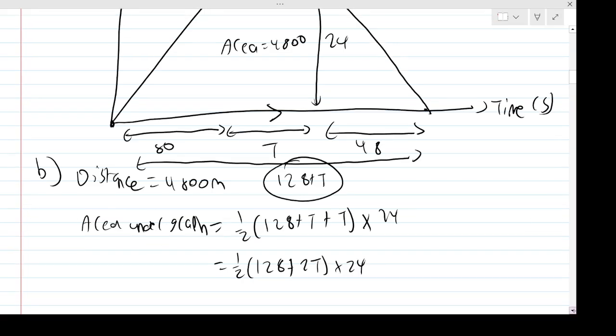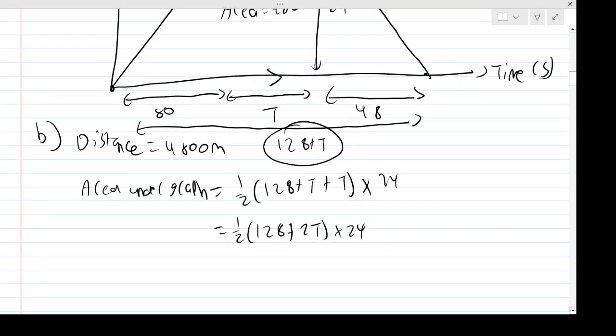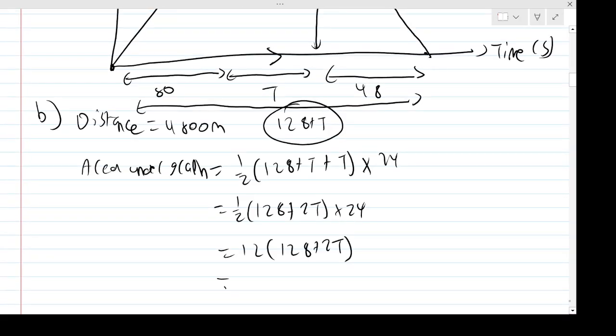Then 24 times a half is 12 lots of 128 add 2t. Then if we expand, 12 times 128 is 1536, add 24t. And there we are.